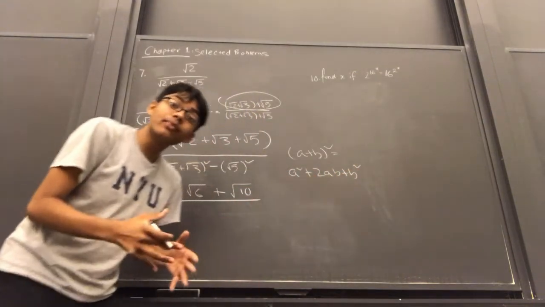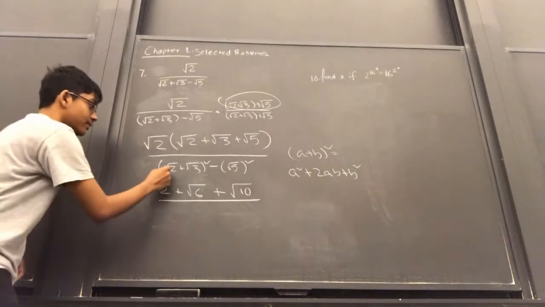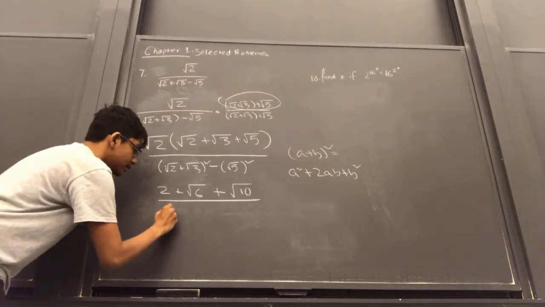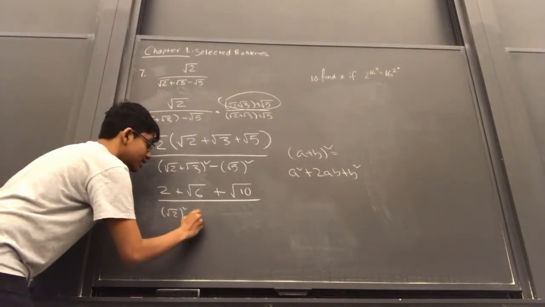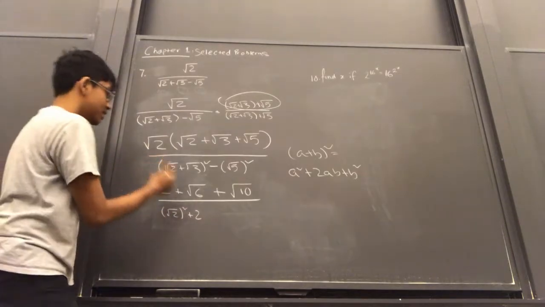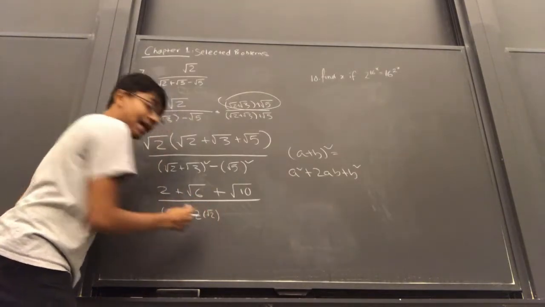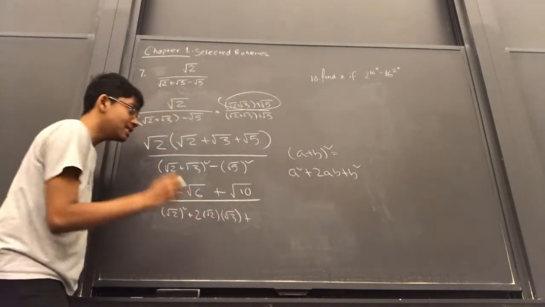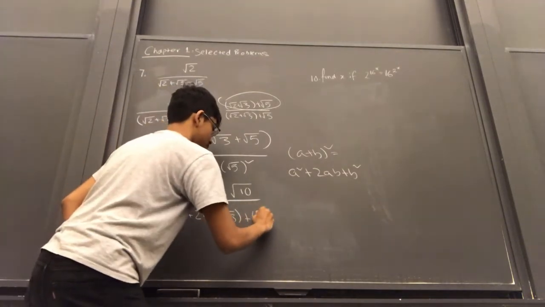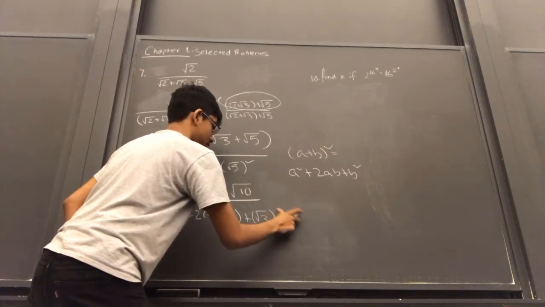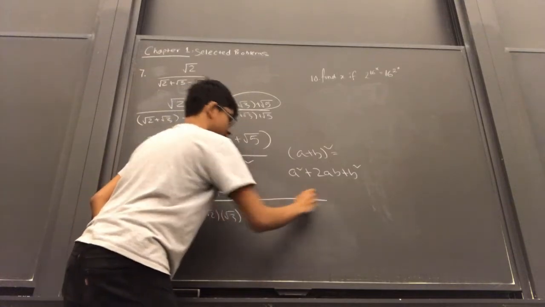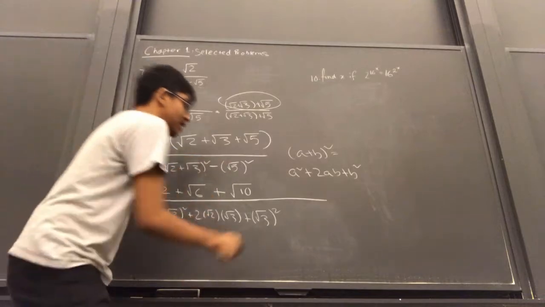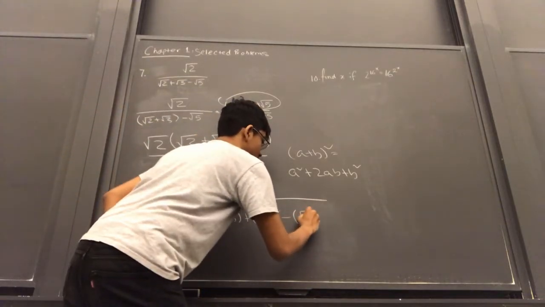Now we apply the same principle for this denominator: the square root of 2 squared, plus 2a, which is the square root of 2, times b, which is the square root of 3, plus b squared, which is the square root of 3 squared. And don't forget to include that minus square root of 5 squared.